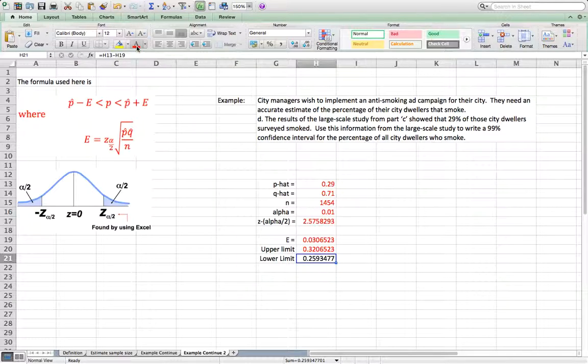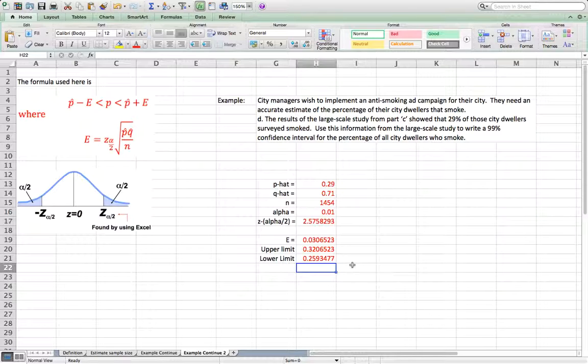So this will give me the confidence interval, from 32.07% to 25.93%.